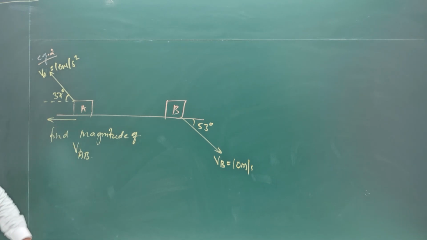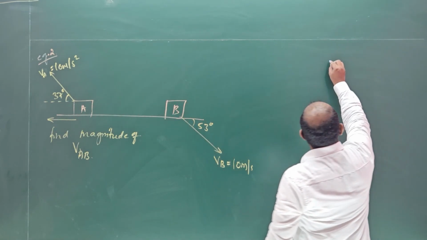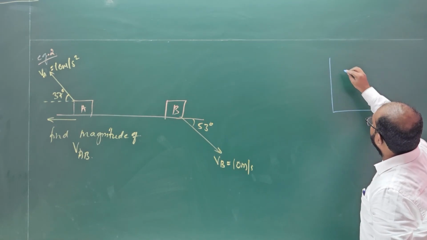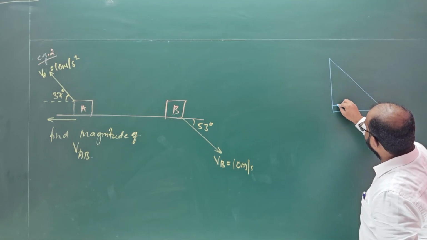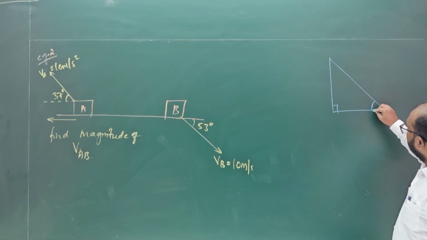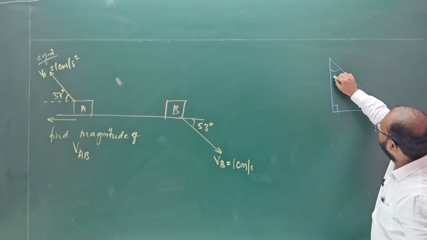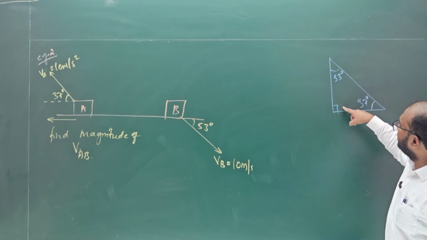Resolve the components. You don't know 53 and 37? Okay, right angle triangle. Framing the right angle triangle, here all you need to substitute 37. This one is 90, 37.